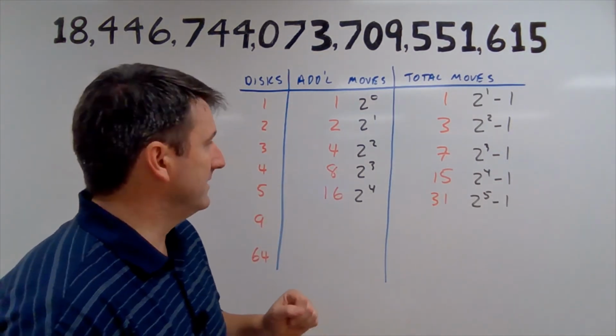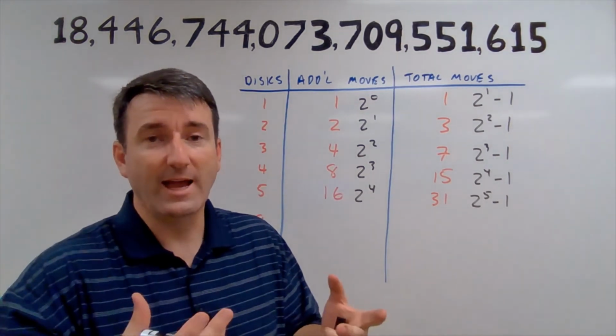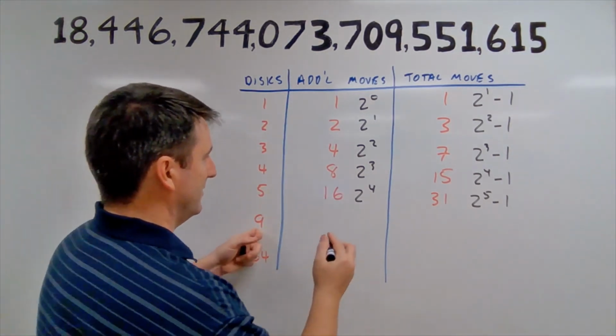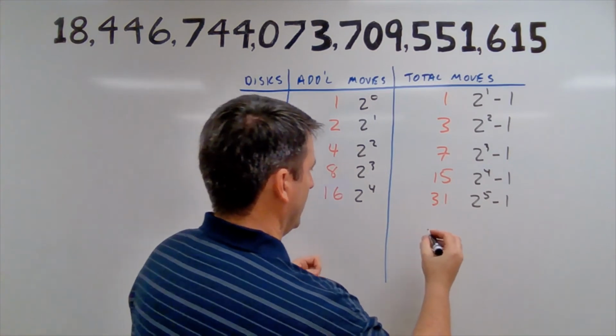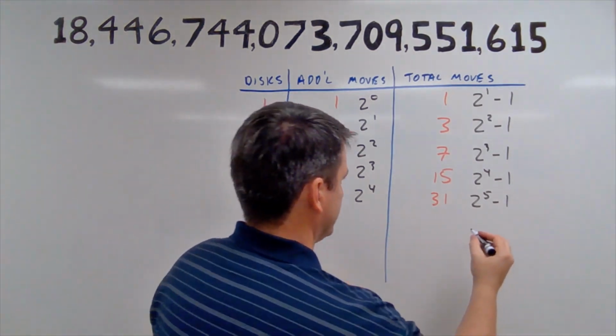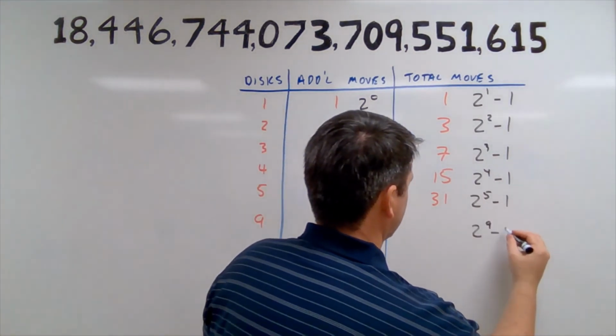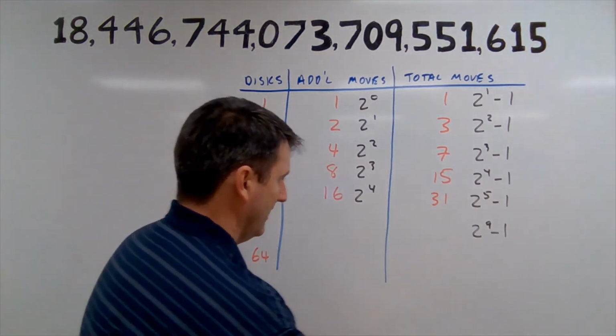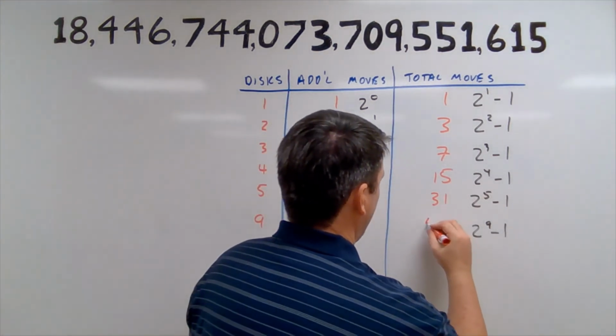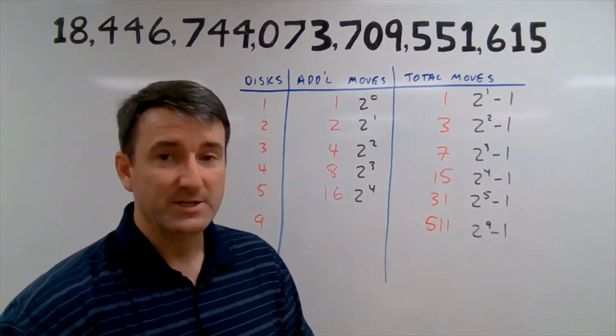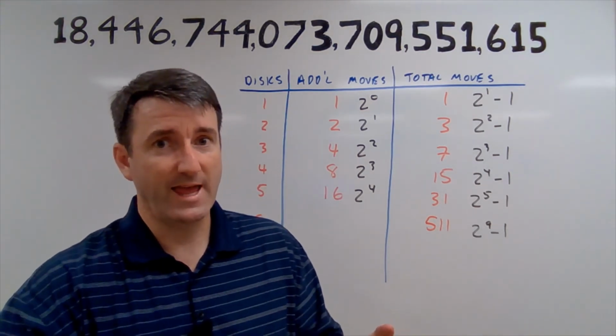So on the puzzle that I had, there are 9 disks. So that's going to take us 2 to the 9th minus 1 moves for a total of 511 moves just to solve that small puzzle that I had.